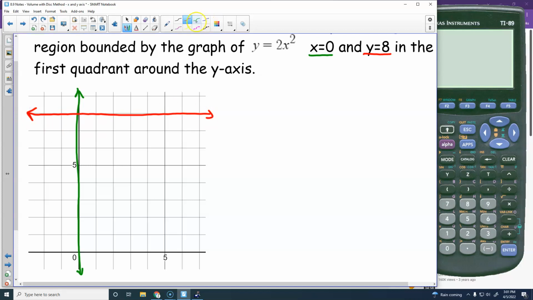And then I got to do y equals 2x squared. So 2 times 0 squared is 0. 2 times 1 squared is 2. 2 times 2 squared would be 8. Does it say first quadrant? It does say first quadrant this time. So we're looking at the first quadrant here. So it's this area that we're looking at.